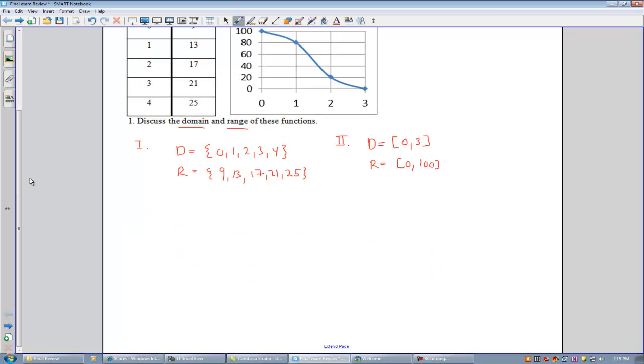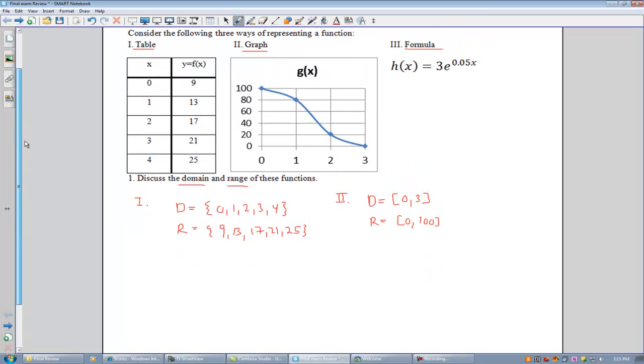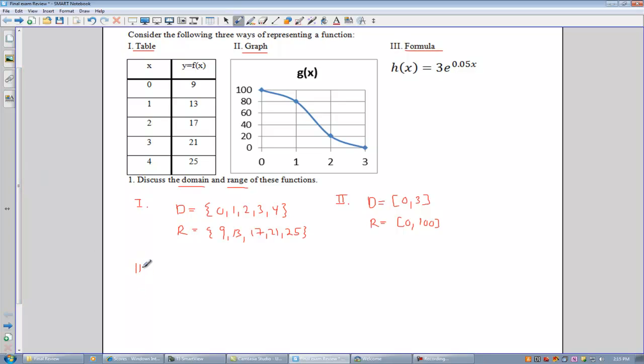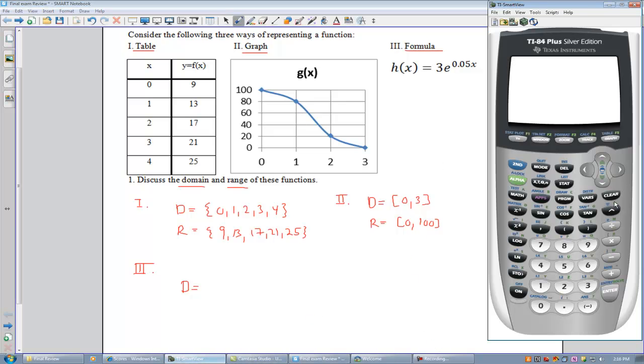For number 3, right, the formula, I want to figure out my domain for this one. All right, so for this one, it's a little hard to figure it out, so maybe I'll graph it first to try to get an idea. So I'll take out my calculator, and I'll hit y equals, and I'll plug it in. So 3 times e to the 0.05x.